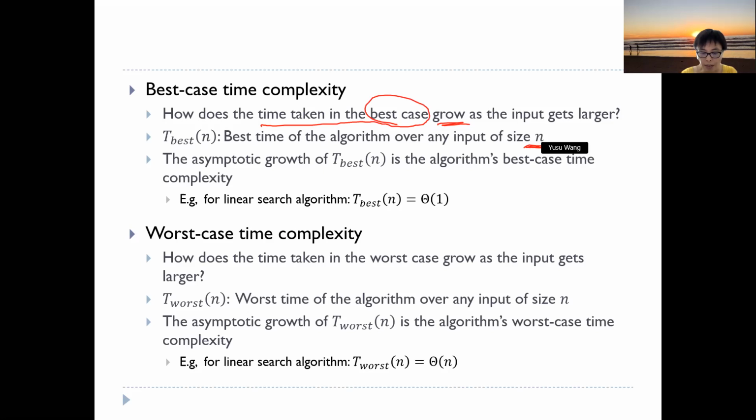For each n, this T_best(n) tells me the best time of the algorithm over any input of size n. And the asymptotic growth of this is the asymptotic notation of this best case time complexity. So for example, in the linear search algorithm we just saw, no matter what your input size is, in the best case, I immediately return because I immediately found it. So the best case time complexity is constant.